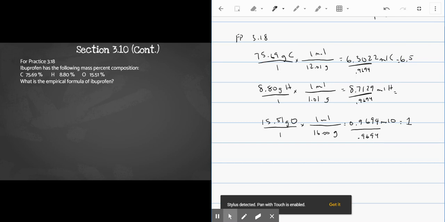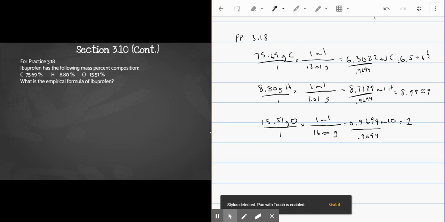And 8.7129 divided by 0.9694 is 8.99. So this is close enough to round to 9. Okay, I'm just going to put approximately 9. So we have a 1 to 9 to a 6.5 ratio here. So this 0.5 can't be rounded.